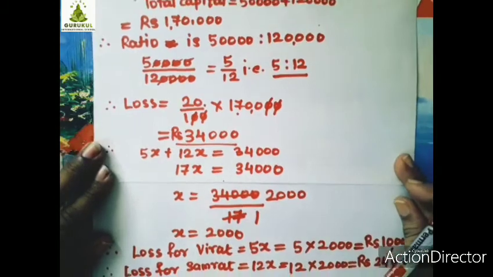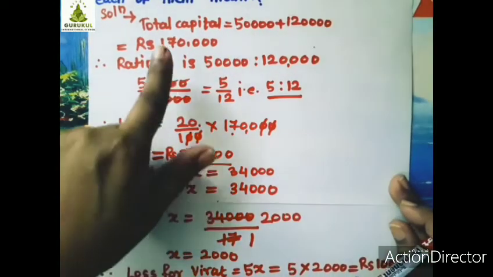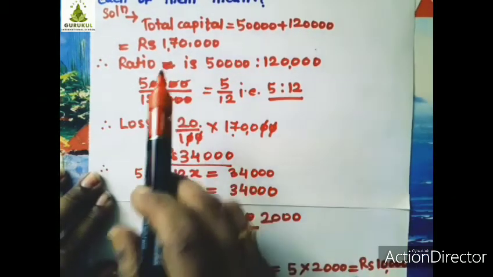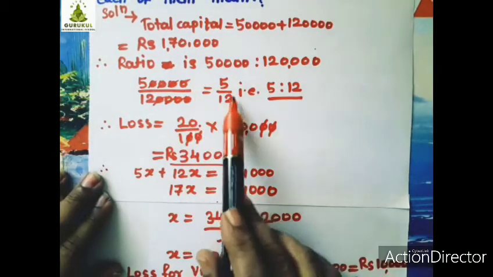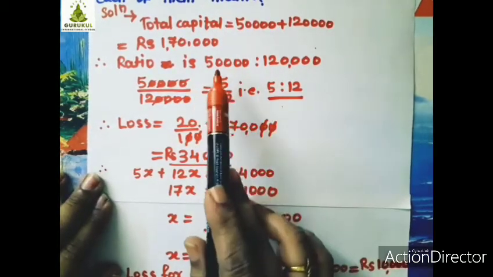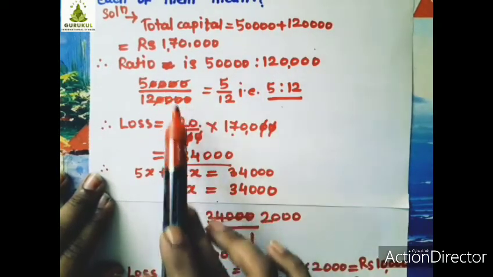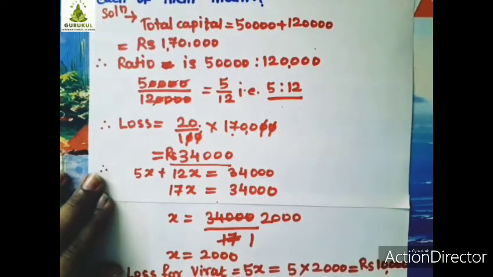Again, I will just scroll down and let us see. First we found the total capital by adding both investments. Then the ratio was not given, so I found the ratio from 50,000 and 1,20,000. We did the division and got 5:12.